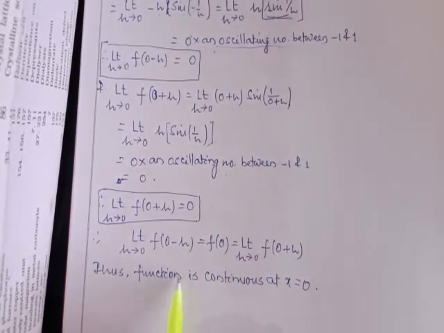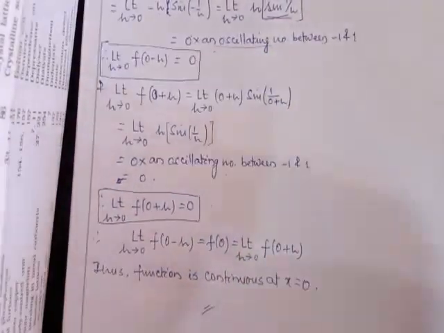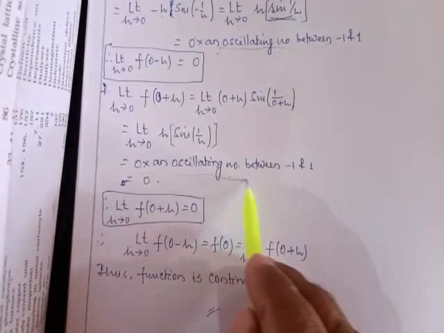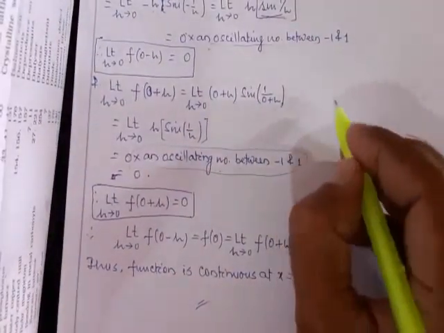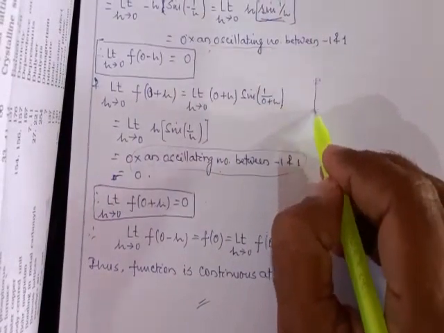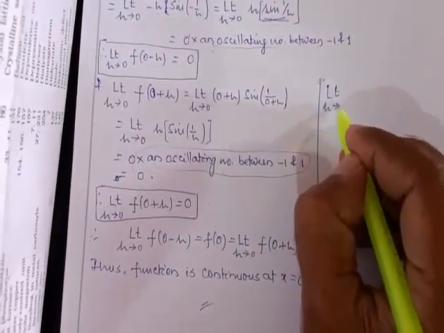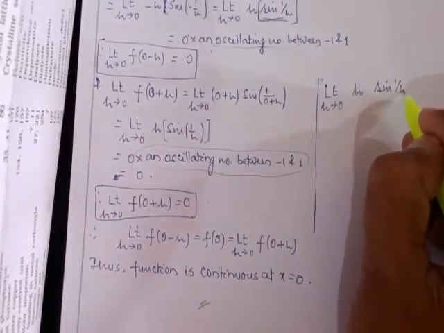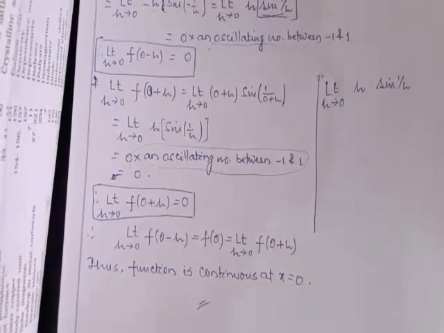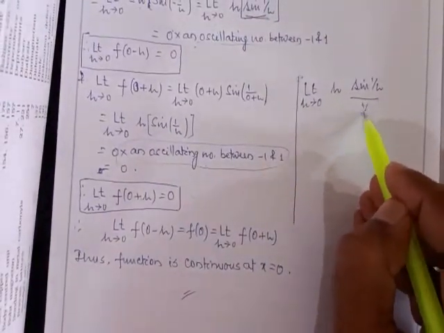If you have any doubt to understand that term oscillating number, you may simplify also in this way, like limit h tending to 0, h sine 1 by h. In limit you know the formula, sine theta by theta is 1, so rationalize it by h.